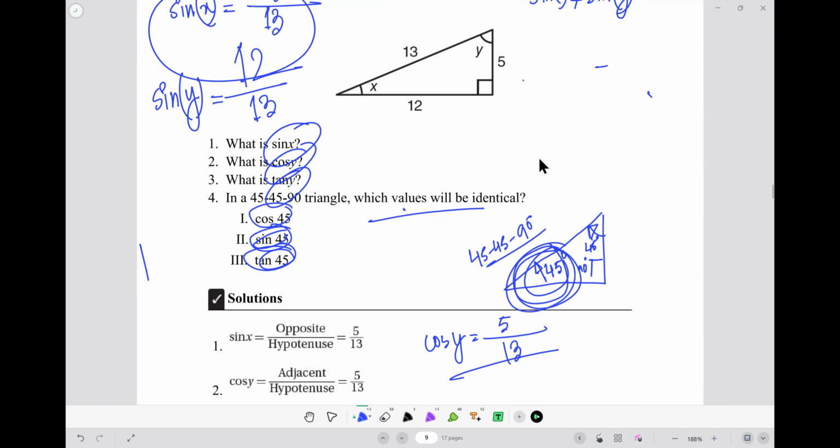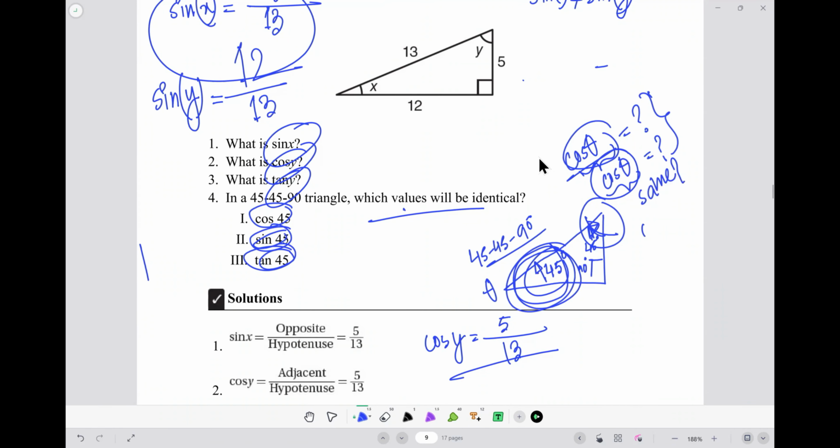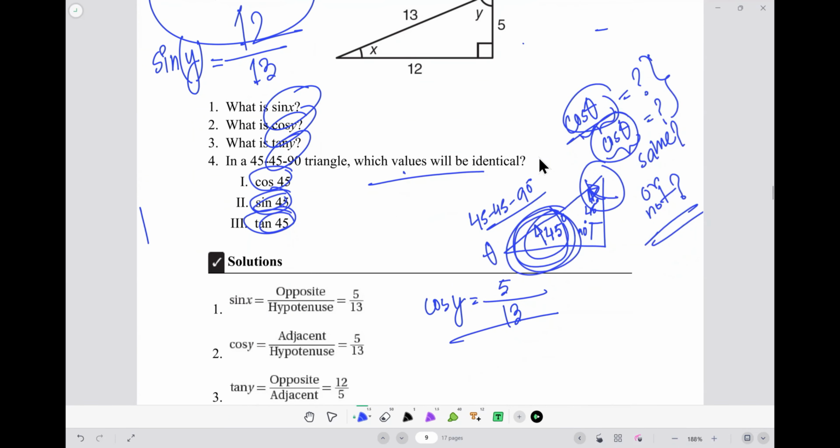Consider this angle as theta and find cos theta, and also find cos theta for this other angle. Then compare: are these two ratios the same or not? This is what they mean by identical.